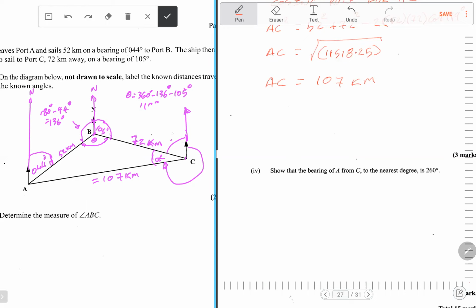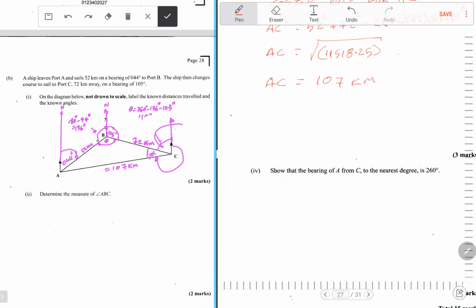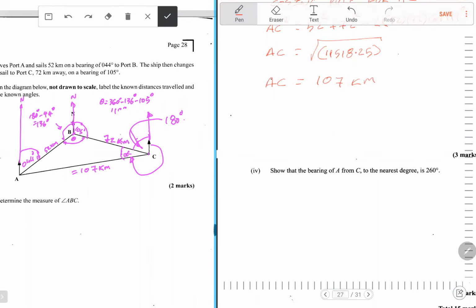So this angle right here is 180 degrees minus the 105 degrees, which is 75 degrees. This angle inside here is 75 degrees. And then we can go back now and say total angle around the point.